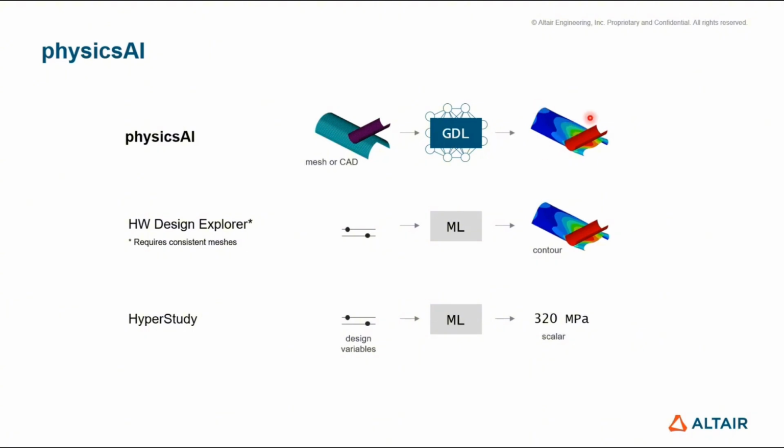So when you do prediction, your input here can either be a mesh model or just a CAD. Okay, so you don't even need to mesh the CAD first. If you just have the CAD, you just throw the CAD into HyperMesh, you hit predict, you get to look at the results immediately, right? So that's physicsAI. Okay. At this point, any questions?